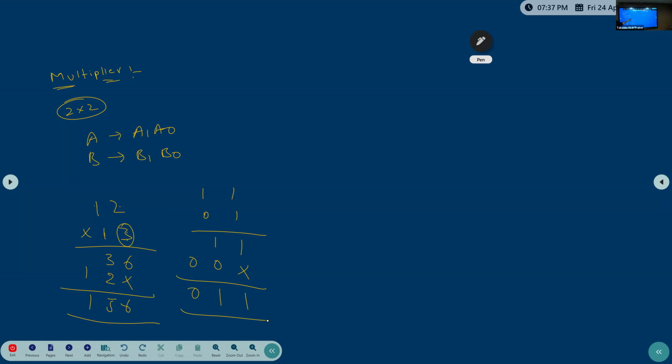Now in place of these, let's go with A1, A0, B1, B0. Keep A1 A0 and B1 B0. Multiply B0 into A1 A0, we get A0 B0 here. Next, A1 B0. This position is completed.